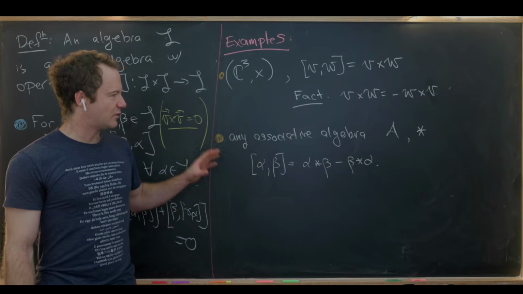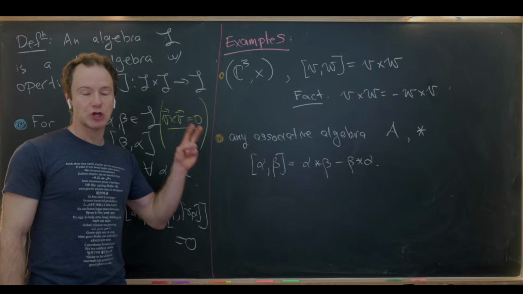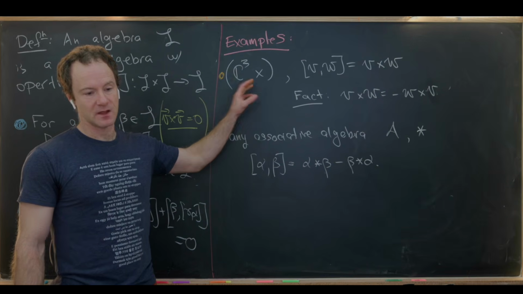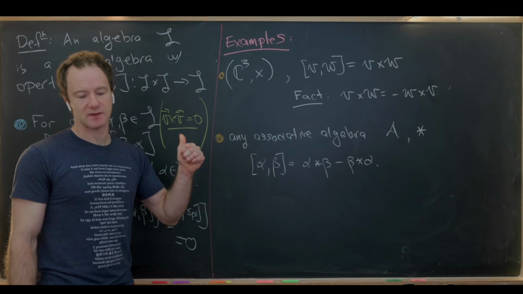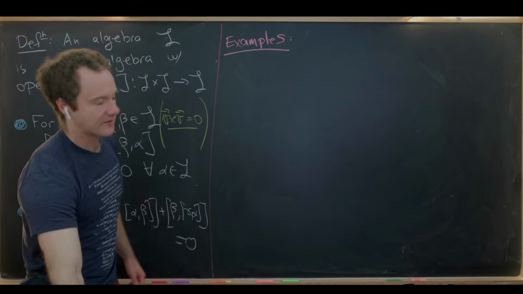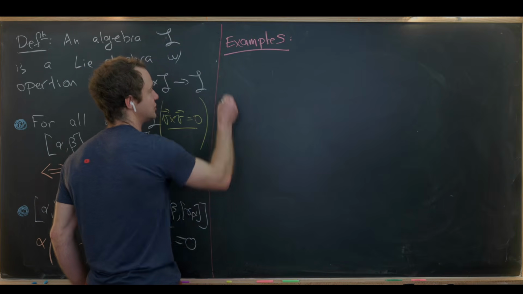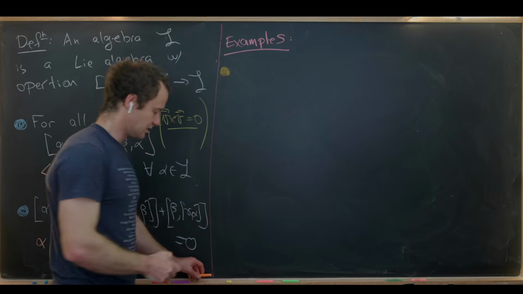And maybe we should now look at 2 of the most important examples. Not that this is an important example, but 2 very important examples of Lie algebras, a finite dimensional version and an infinite dimensional version. For our finite dimensional version, we'll look at something called SL2. So it's the special linear Lie algebra.